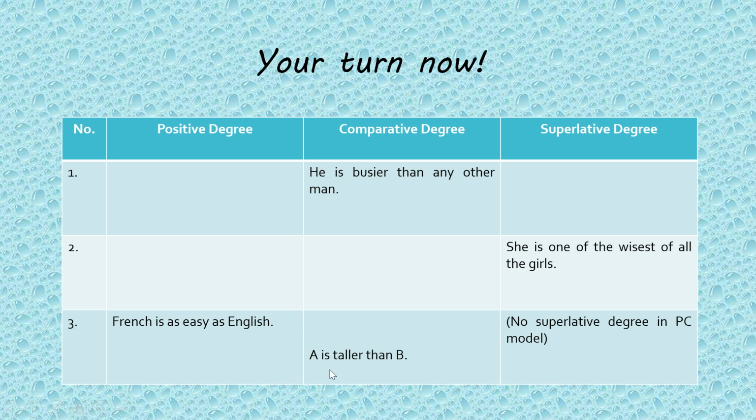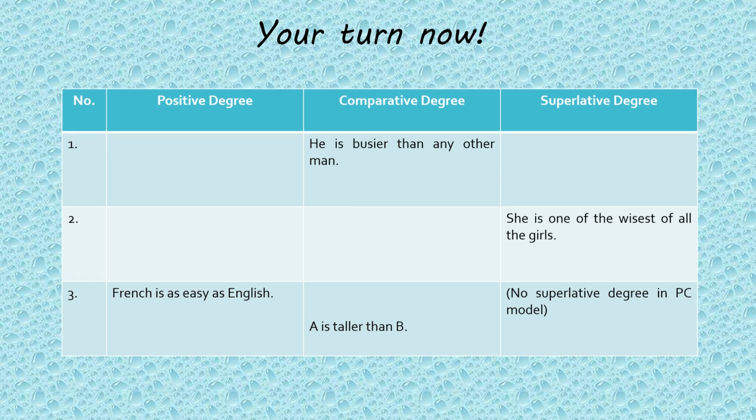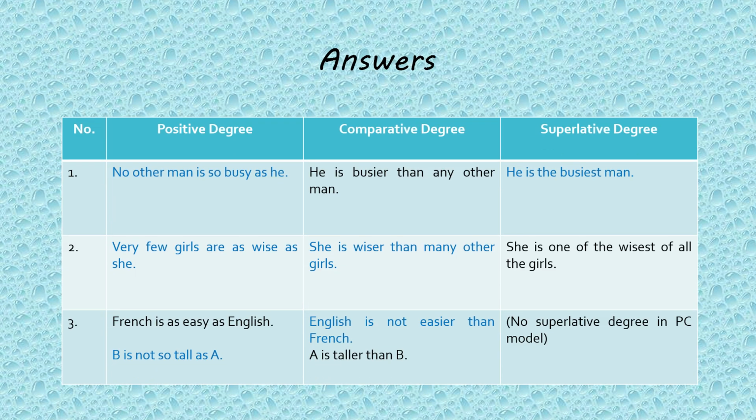Both are equal. Now A is taller than B, which in the positive degree can be said as B is not so tall as A. That is how you should work out this table, and you have all the answers here.